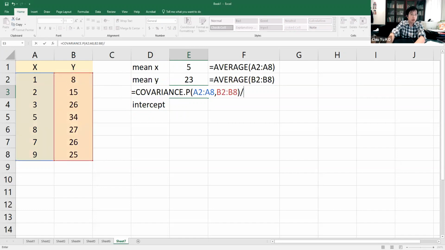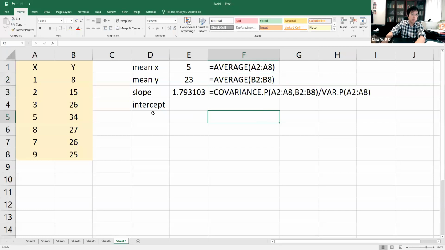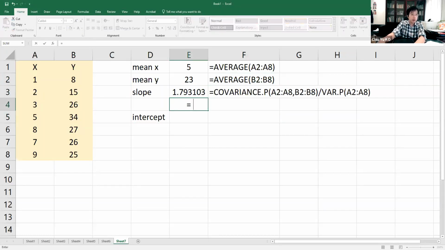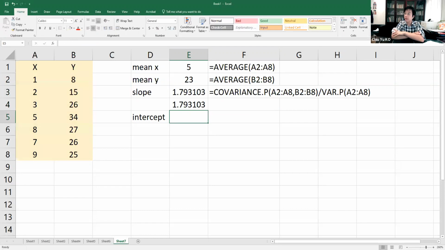So covariance over the variance of X. Alternatively, you can use the variance S, the same thing. Covariance S of the two over variance S of X will give you the same answer.